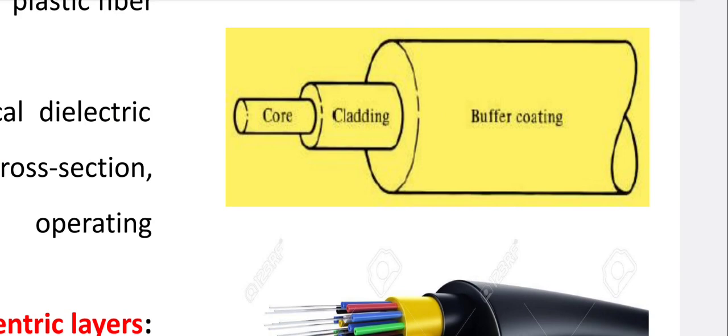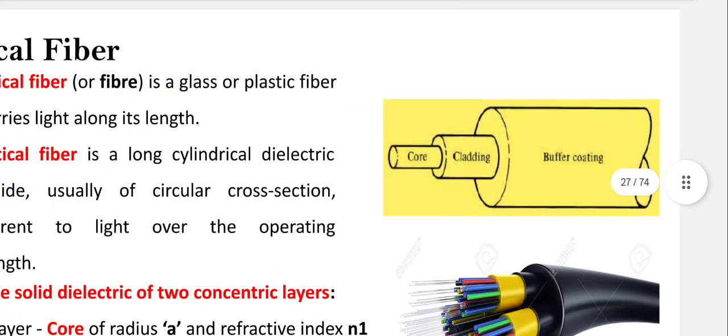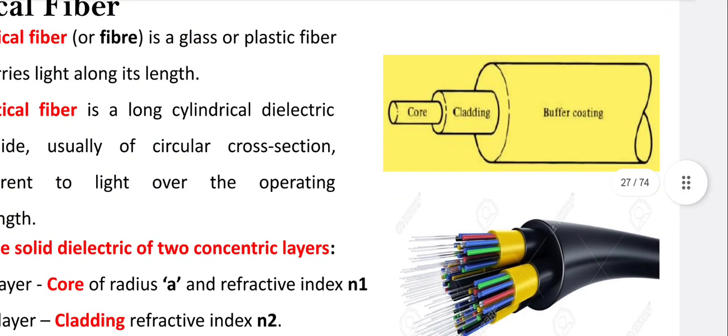The core is the innermost layer, and the cladding is the second layer, surrounding the core. The third layer is the buffer coating, which is always provided for the protection of the core and cladding.